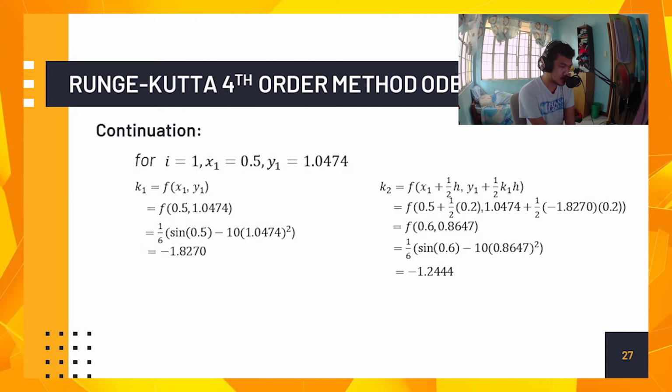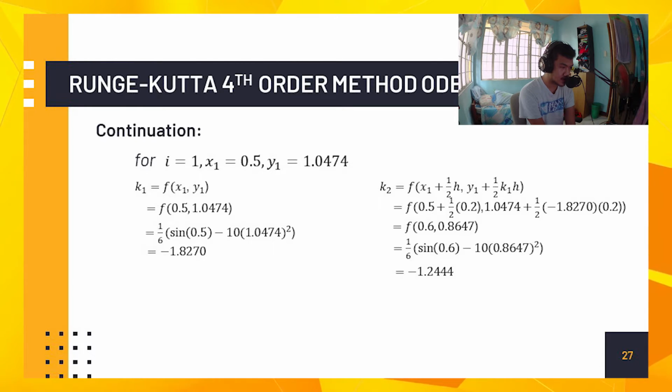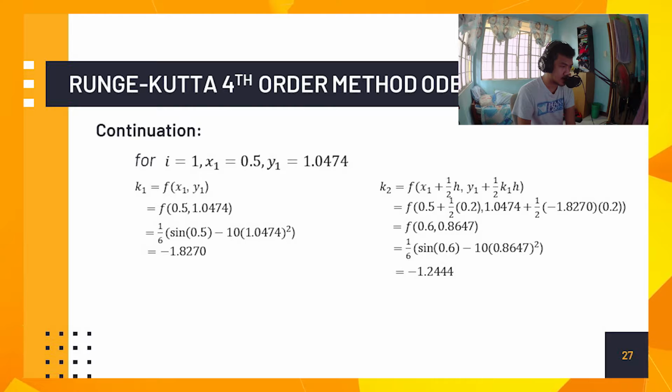In continuation, we have a value of i which is equal to 1, for x sub 1, which is equal to 0.5, and y sub 1 which is equal to 1.0474. By having those values, we will again return to the original equations for k sub 1 up to k sub 4.